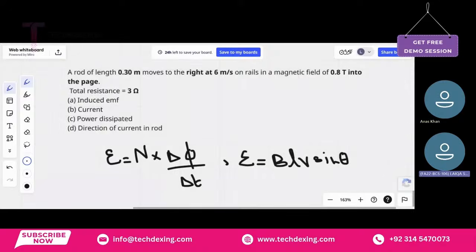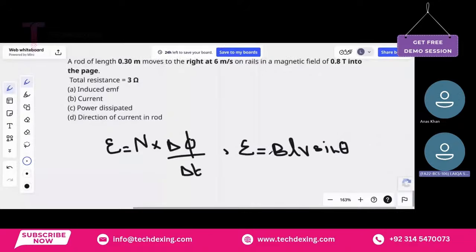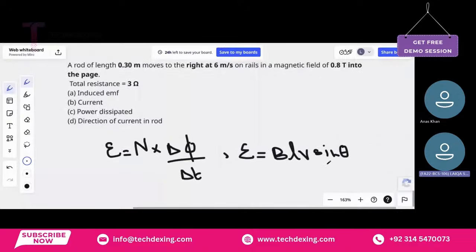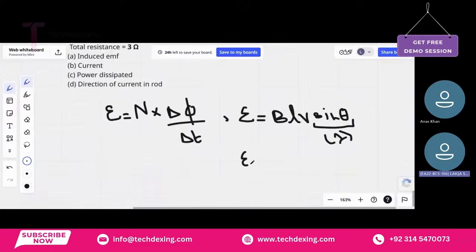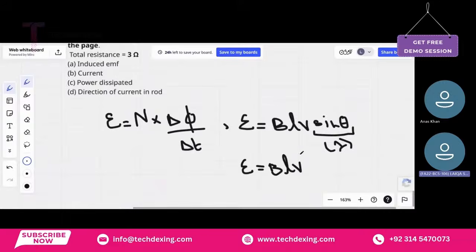I told you, whenever we are not given the theta explicitly, like whenever you are not given the information that it is perpendicular or parallel, or an explicit value for the theta, we consider sine theta as 1. So we have to use the formula E is equal to BLV. But you have to read the statement carefully.